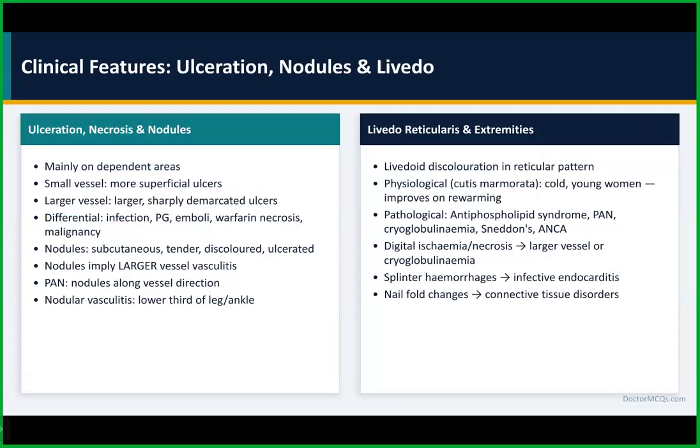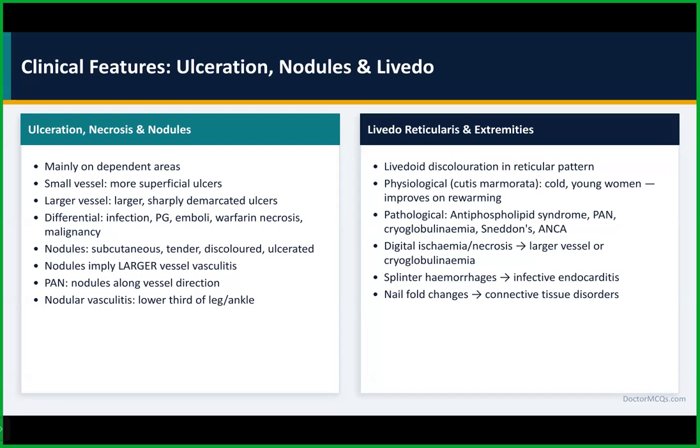Other features could be ulceration, nodules and livedo pattern. Ulceration, necrosis and nodules could be a superficial ulcer in small vessels but can be deep in larger vessels. Other differentials could be cellulitis, emboli, and association with some drugs and malignancies.